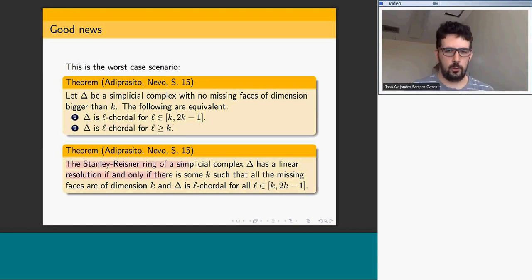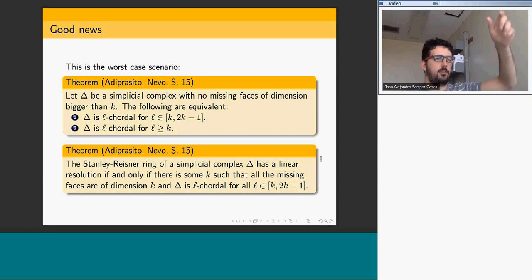Okay, so here is a nice statement that people in commutative algebra care about. We can say that the Stanley-Reisner ideal of a simplicial complex has a linear resolution, which is the analog of the theorem by Fröberg, if all missing faces are of dimension k. So I have a complete k minus 1 skeleton, and the Stanley-Reisner ideal is generated in degree k.